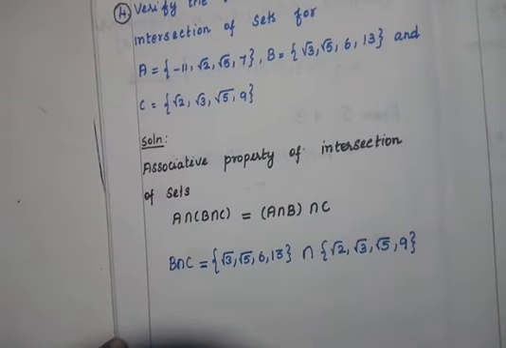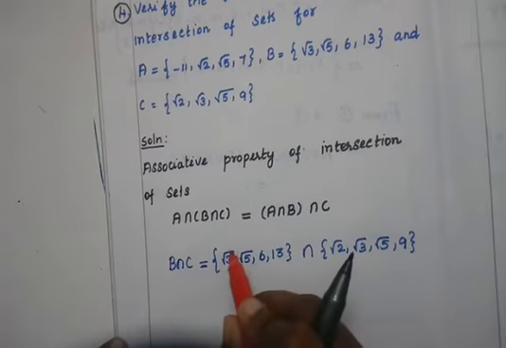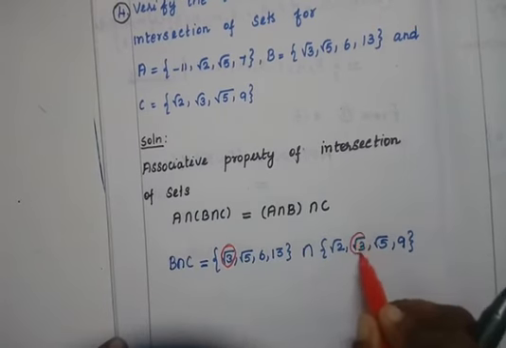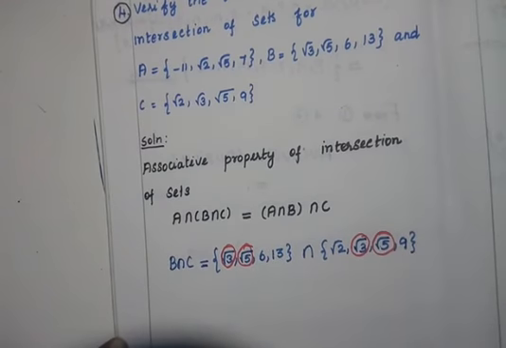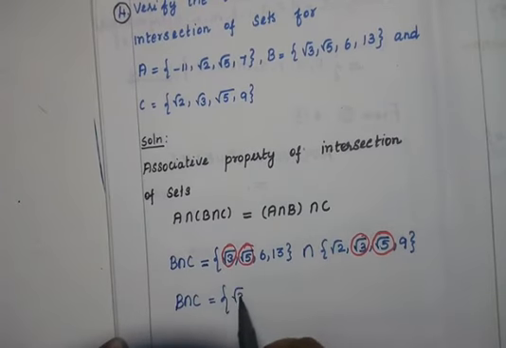Here, what are the common elements? Root 3 and root 5. So B intersection C equals {√3, √5}.